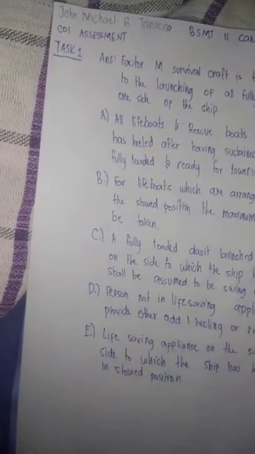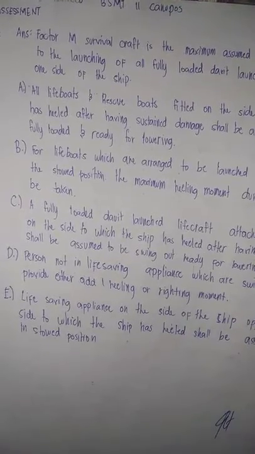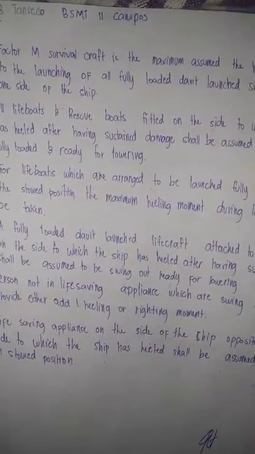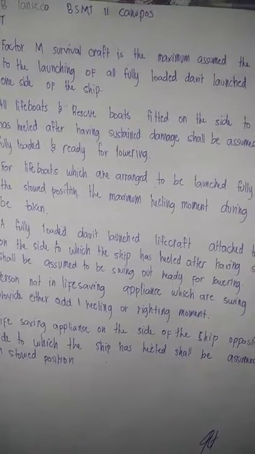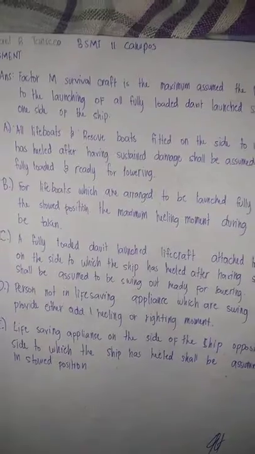Task 1. Explain the factors to be considered in calculation of the damage stability, and particularly the maximum assumed heeling moment due to launching of all fully loaded davit-launched survival craft on one side of the ship, as per SOLAS Chapter II-1 Part B-1.